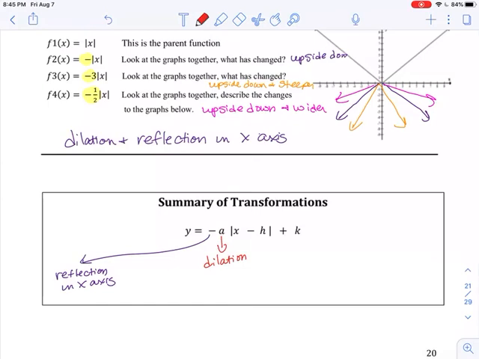If you're multiplying, so the A is in front of that absolute value, I'm multiplying by A, and multiplication, just like last year in geometry, was if you had a dilation, you multiplied it. If A is greater than 1, it got steeper. And if A was less than 1 but greater than 0, it got wider.